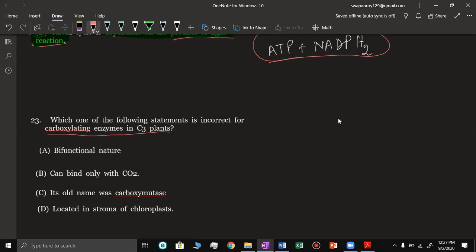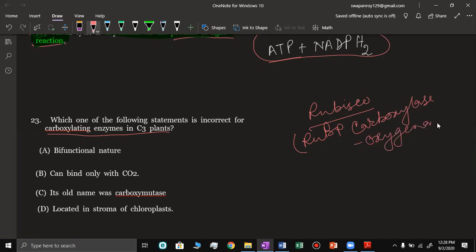The carboxylating enzyme means Rubisco, or we can call it RuBP carboxylase oxygenase. The oxygenase has also been added due to its dual nature.